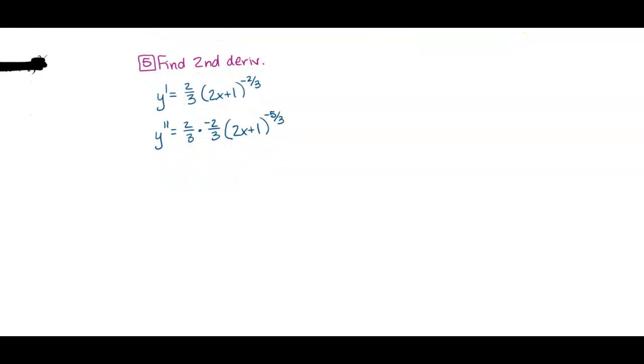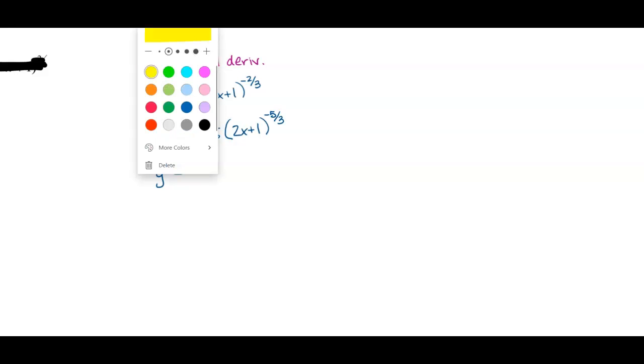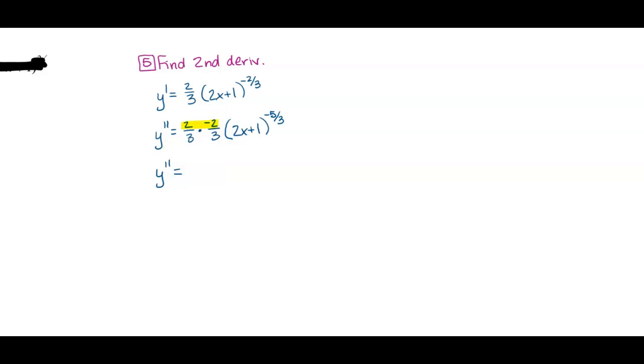All right, so what I'm ending up with here is, this will be my numerator, and all the rest will be my denominator. So I'm going to have a negative 4 on top. I'm going to have a 9 and 2x plus 1 to the 5/3 on the bottom.